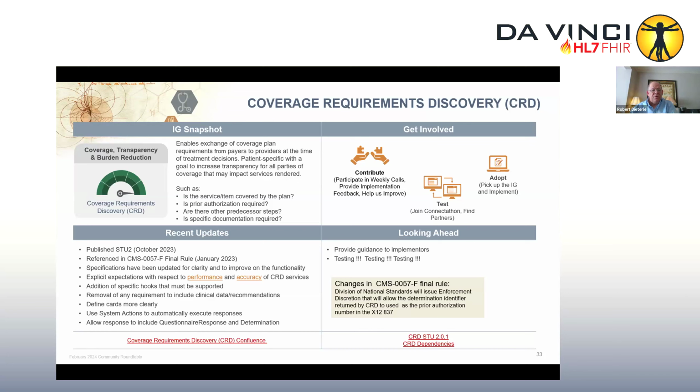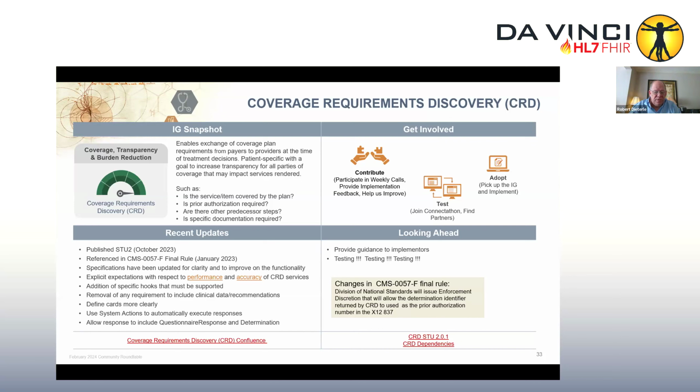It allows the payer to also include specifically a questionnaire response URL. And assuming the information that is necessary to approve prior authorizations is available during CRD, either through information that was originally submitted, information the payer may have, or information that they've gathered by using the token that comes along with CRD to access the clinical record, assuming they have all the information they need to authorize the prior authorization, they can do so right there.